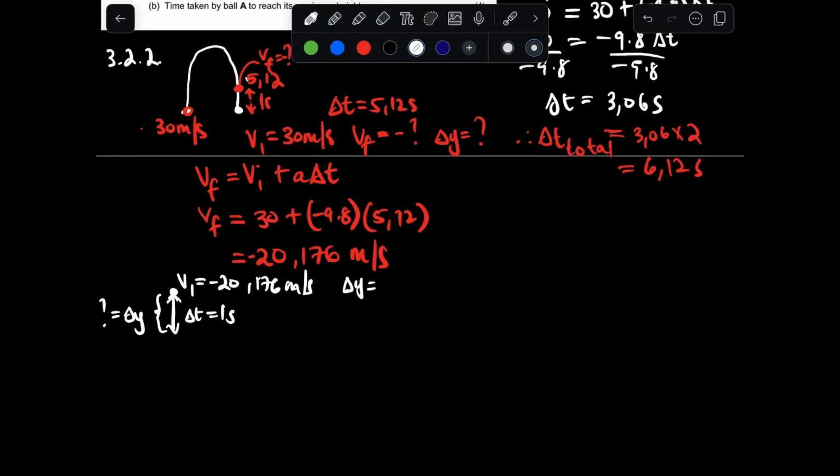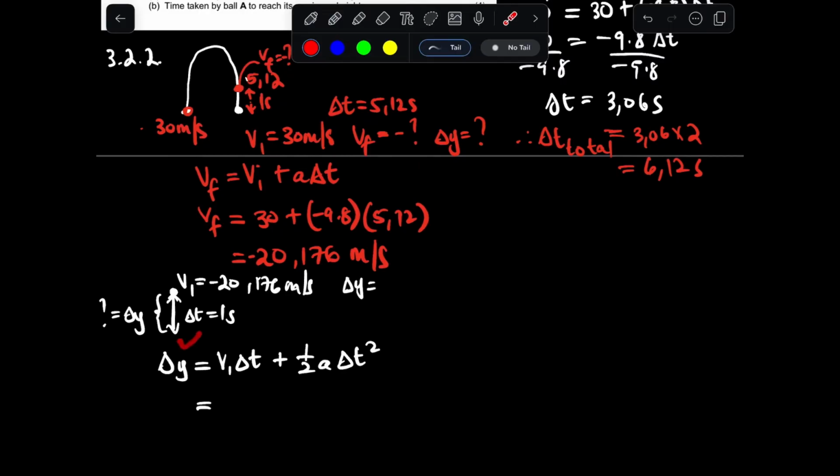So what are we going to do now? We're going to use the formula that says change in y is equal to initial velocity times change in time plus half acceleration change in t squared. Why do we use this formula? Because we are looking for a displacement. We do have the initial velocity, we have the time, and the time is 1 second in the last second there.